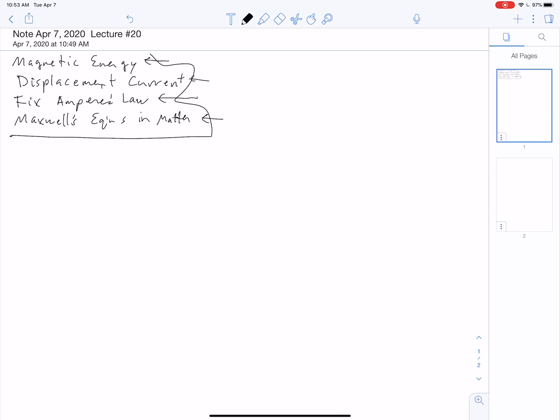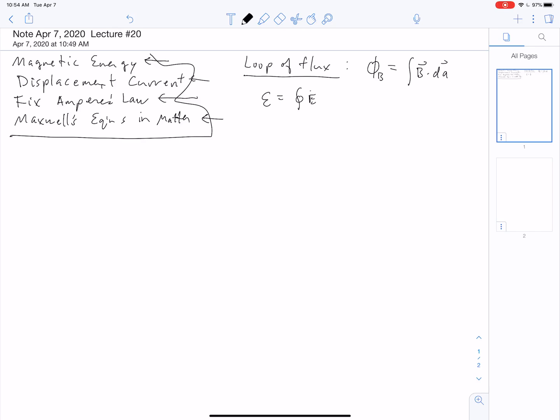So let's begin just by remembering what we did last time. Last time we were talking about how if we have a loop of flux, defined as simply the B field that penetrates the loop, integrated over the loop, then we see that there's an EMF which develops in the loop if the magnetic flux is changing.